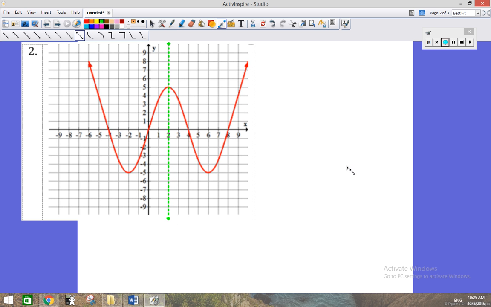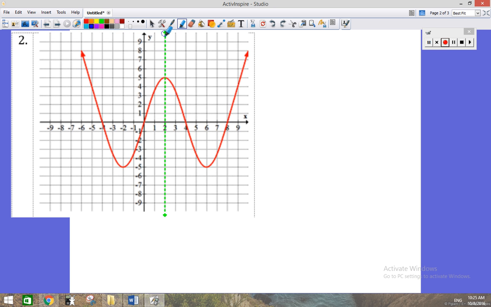But that's not the y-axis, so it's not an even symmetry, even though I can see that the right-hand side is a mirror image of the left-hand side. That does not mean that it's an even function, because this axis of symmetry has to be the y-axis. So I can definitely tell that this is not an even function.